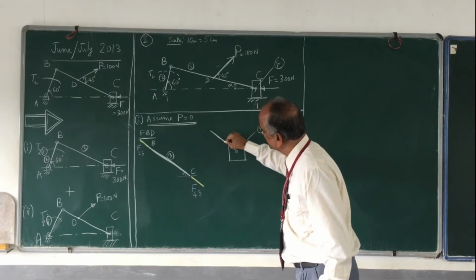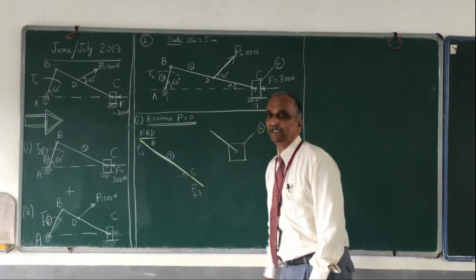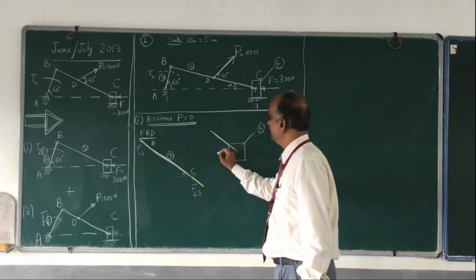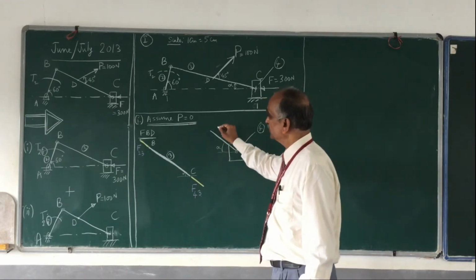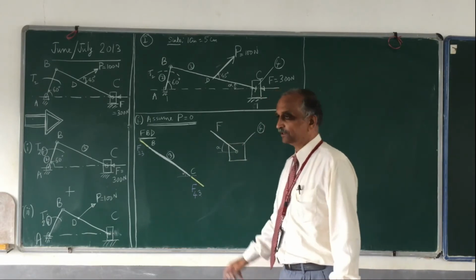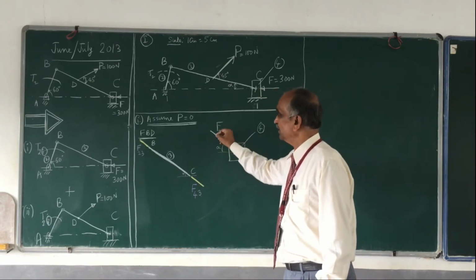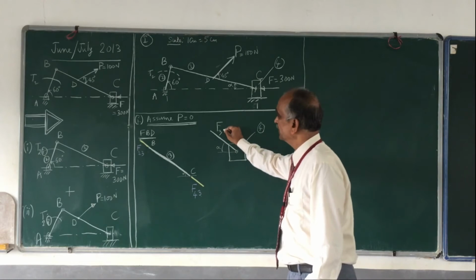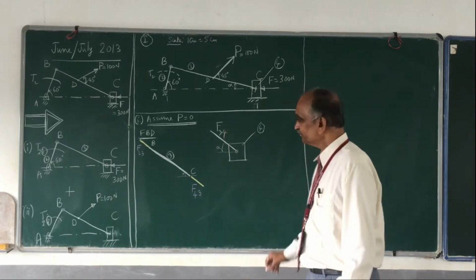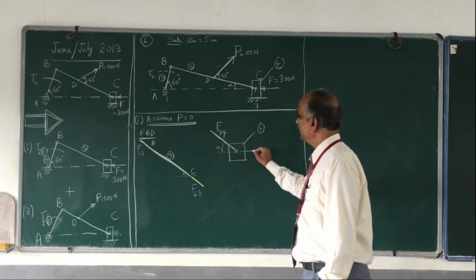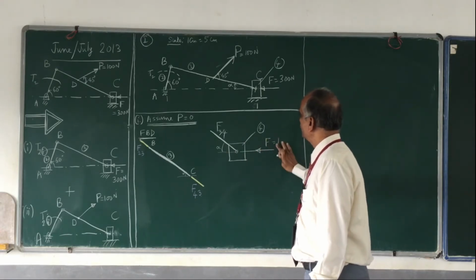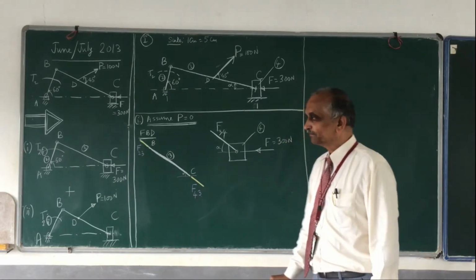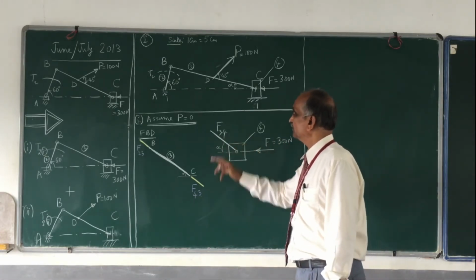This line is parallel to the connecting rod, and this angle is alpha. This force is due to link number 3 acting on link number 4. Then I also have the force F, which has been given as 300 Newton. This is 300 Newton, and F3,4.